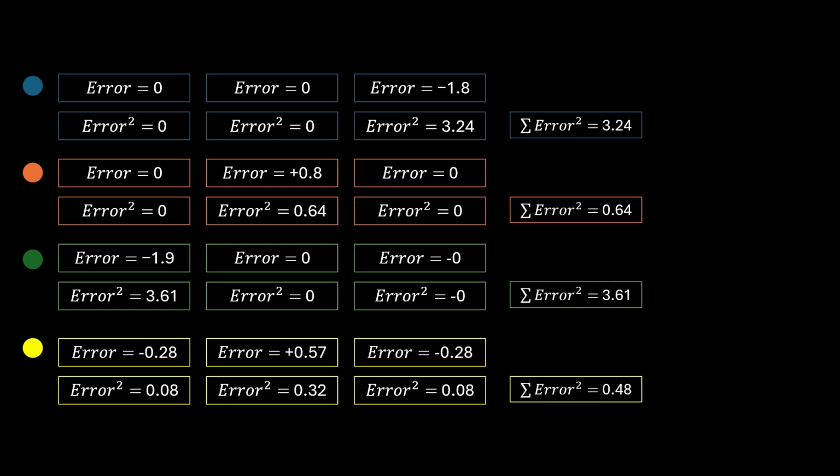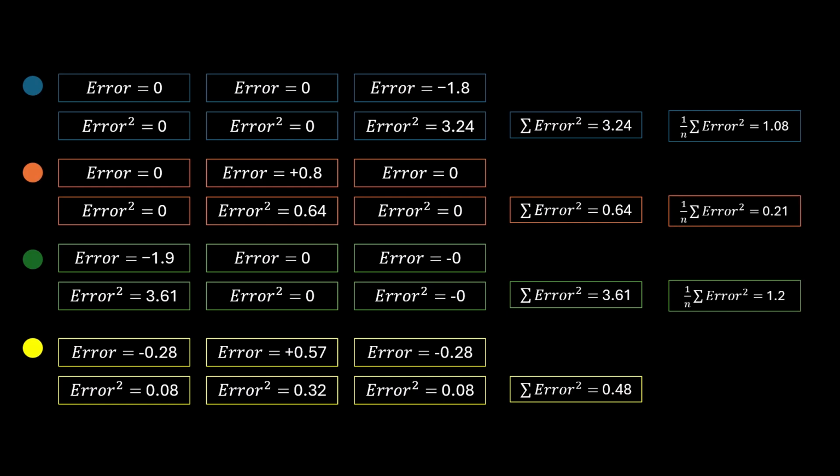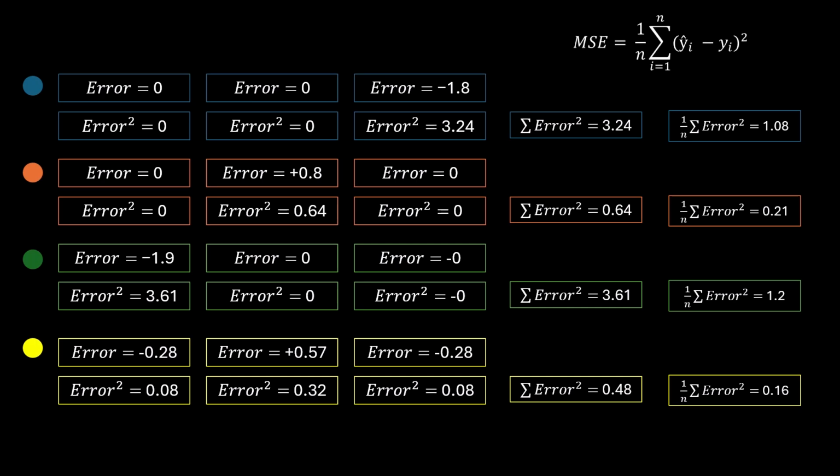And for a more realistic comparison, we also take the average of the squared errors for each line. What we have done here is apply one of the evaluation metrics in machine learning, which is called mean squared error, MSE. Now we can confidently say that the yellow line, with an error equal to 0.16, is actually the optimal solution for our problem.